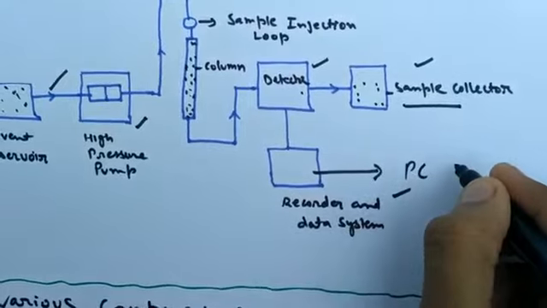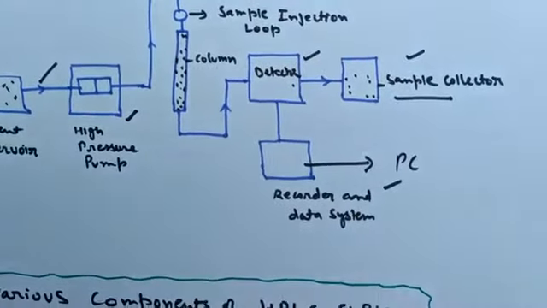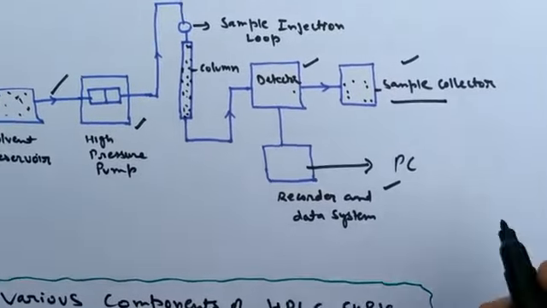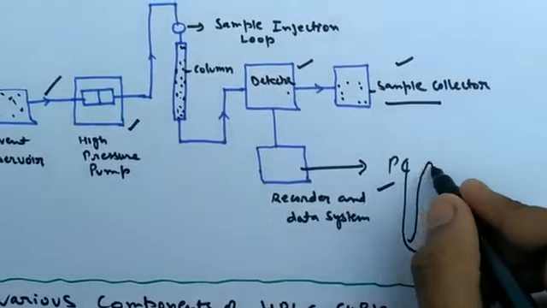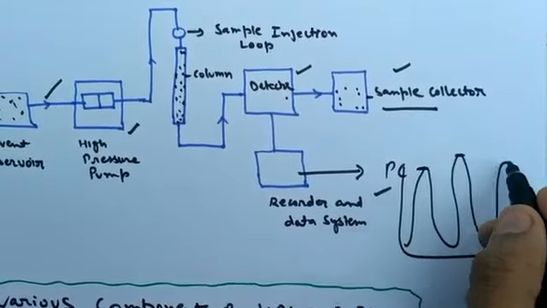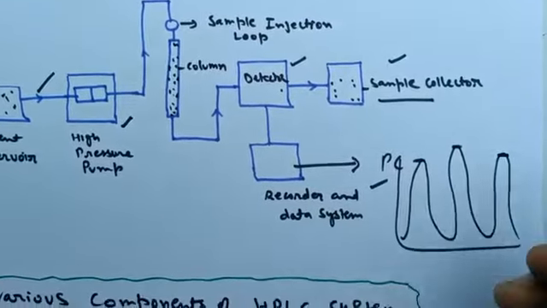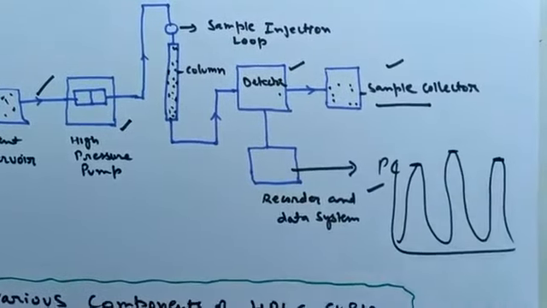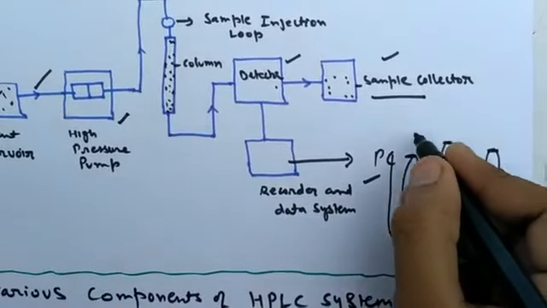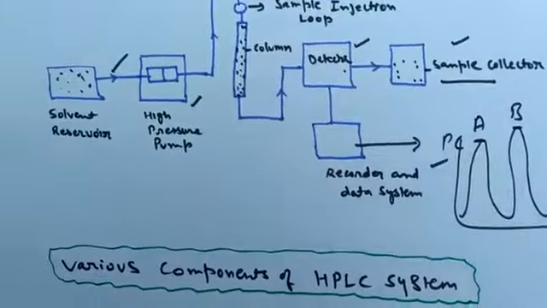Here we have a PC and screen that record the result, and we have the chromatogram. The chromatogram comes in the form of peaks of different length and broadening. It tells us about the concentration of the particles and the nature of the particles. So for different types of molecules, different types of peaks are seen.